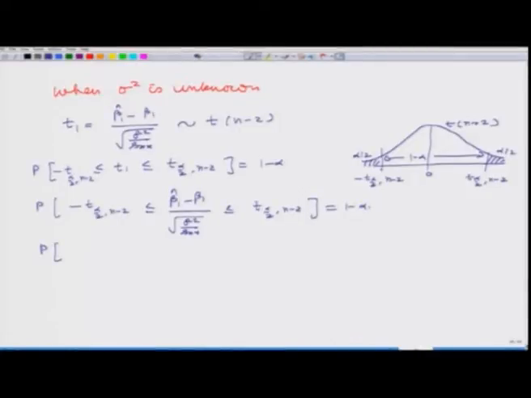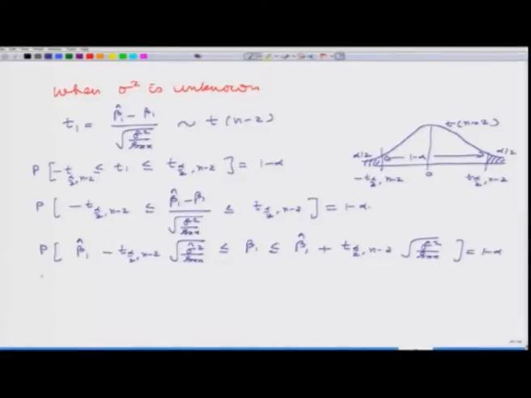This can be written as: beta 1 hat minus t alpha by 2, n minus 2 times the square root of sigma square hat over Sxx is less than or equal to beta 1, which is less than or equal to beta 1 hat plus t alpha by 2, n minus 2 times the square root of sigma hat square over Sxx, and this probability is equal to 1 minus alpha.